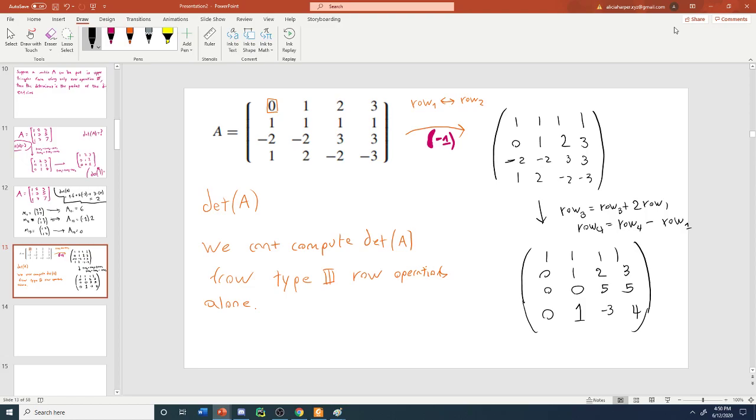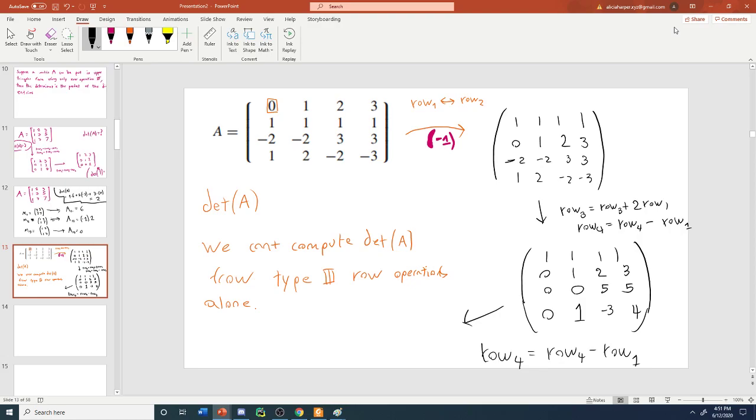Again, what we want to do is consider performing another type 3 row operation to try to move this matrix into upper triangular form. So I can subtract the second row from the fourth row. So I can set row 4 equal to row 4 minus row 2.